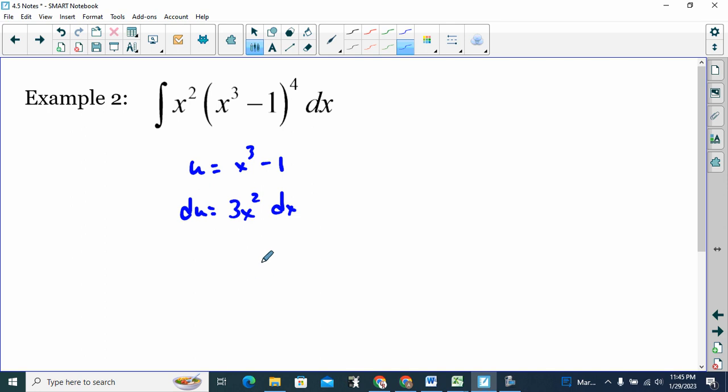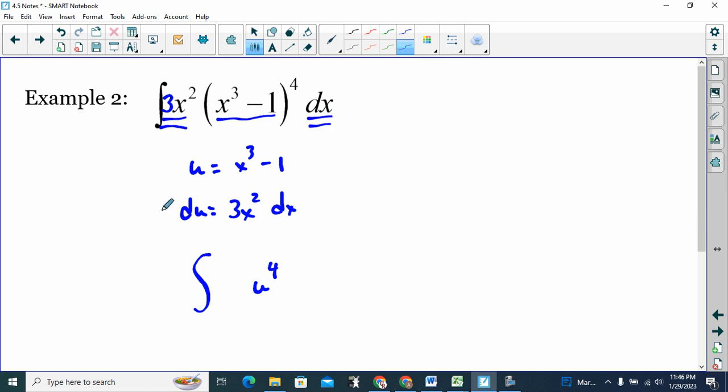So now I'm going to change everything to u's. This part right here, that's just u to the 4th. To make a du, I need 3x squared dx. I've got x squared dx, so I can multiply by 3 to make my du. There's my du right there.